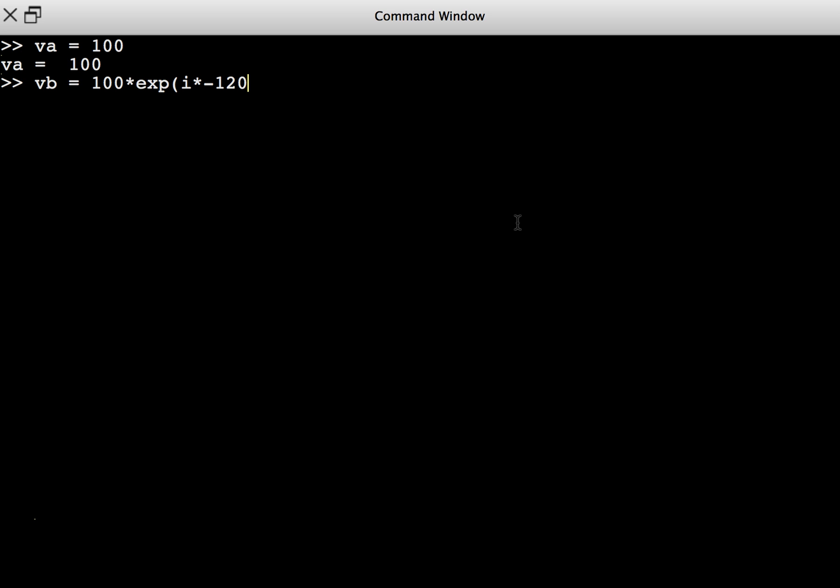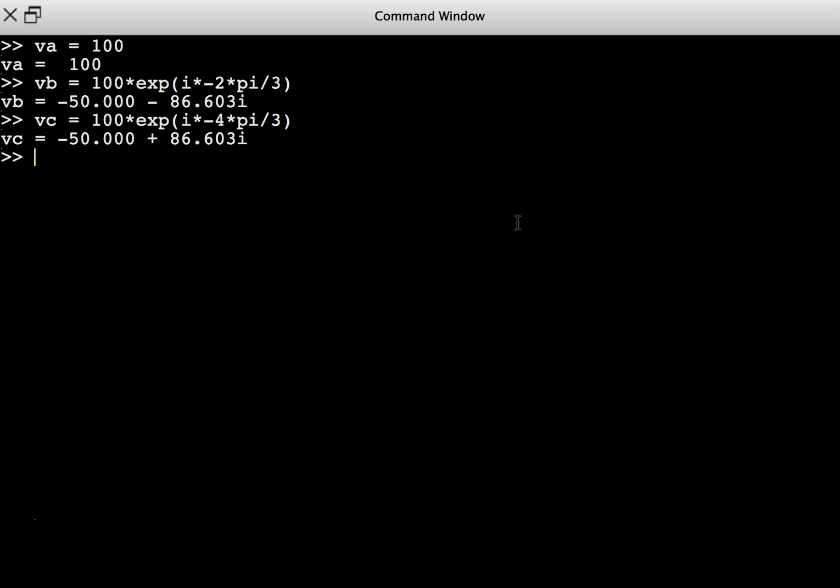So in fact I already know the radians, that is 2 into pi by 3, minus 2 pi by 3. So this is VB, and then VC will be 4 pi by 3. So I have defined now VA, VB and VC.